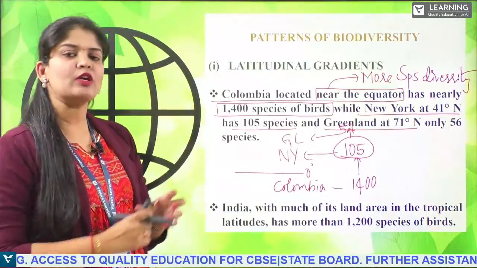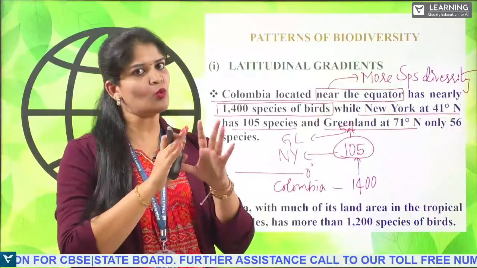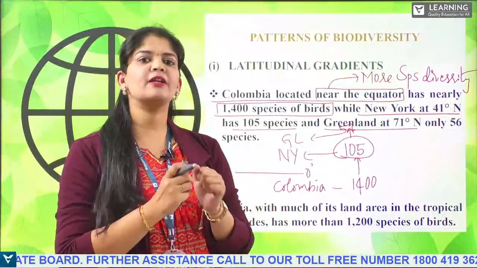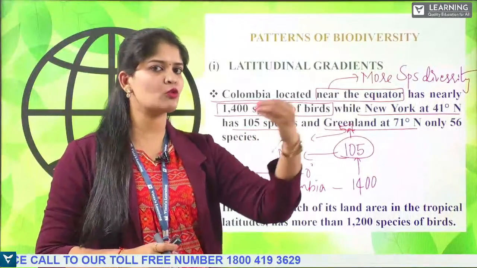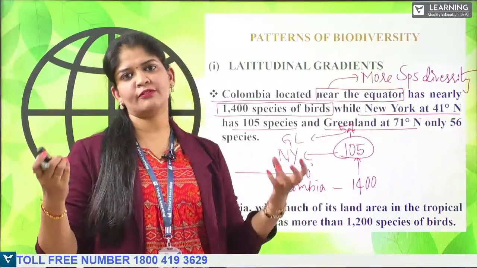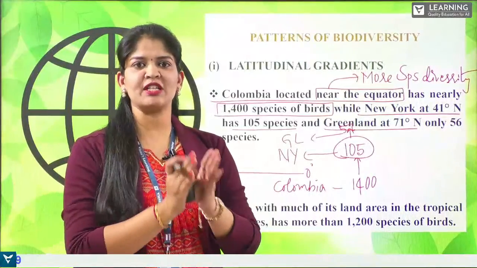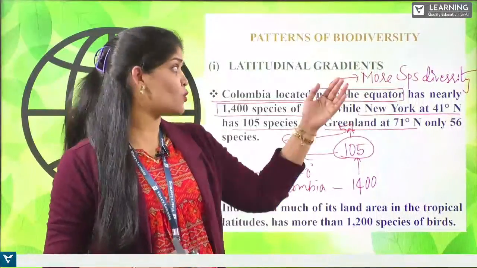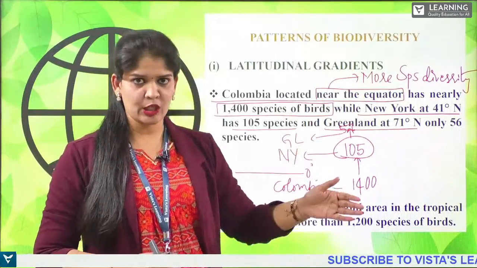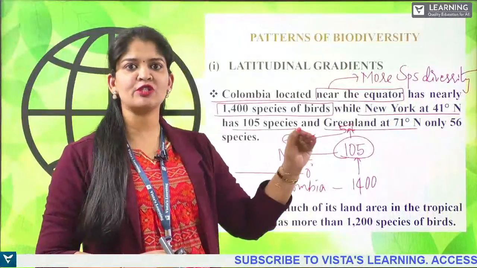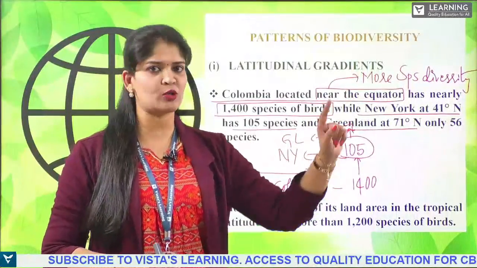Simple. We already gave the statement that in the equator we find more species diversity. If we move close to either of the poles, no matter whether we are moving close to the North Pole or the South Pole, there is a decrease in the species biodiversity. That is what has happened in this example. In Colombia, which is at the equator, we find 1400 species, more bird species biodiversity.